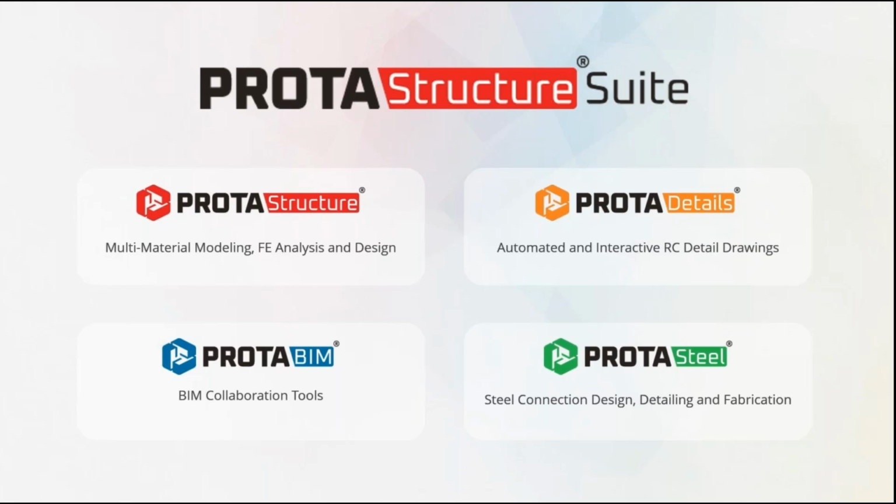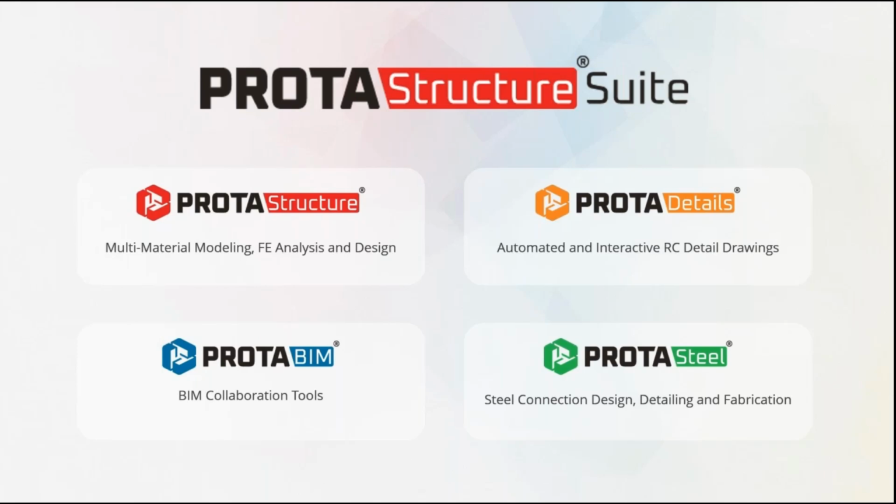Then you can export your model to ProtaDetails. Here, with just a couple of clicks, you can generate all reinforced concrete details. We also have macros here, so you can quickly create retaining wall details or stair details as you wish.